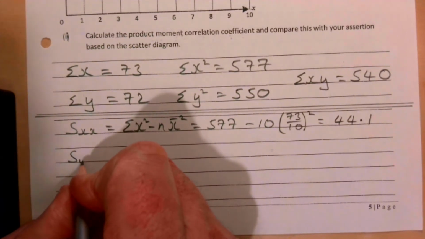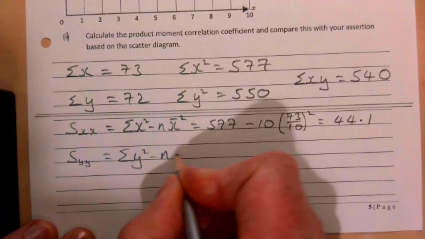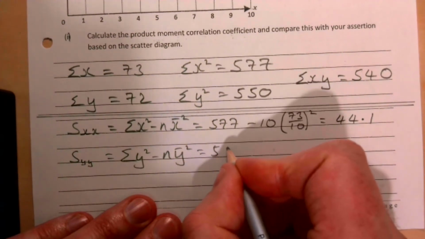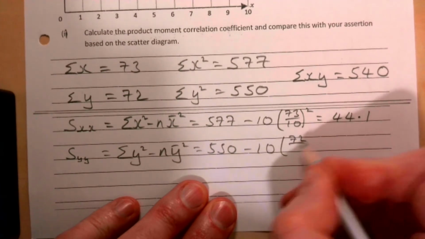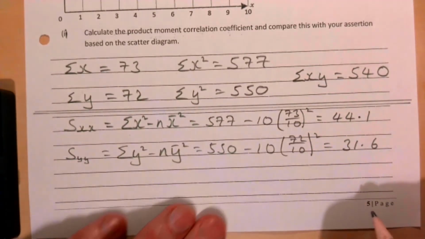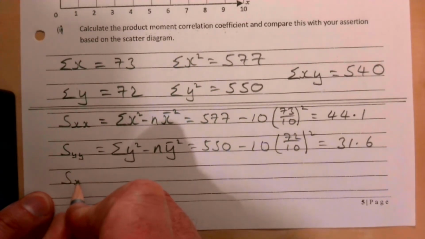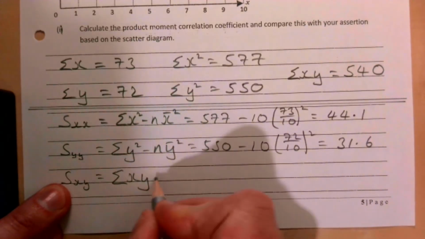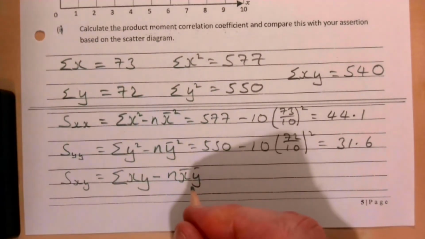S y y. So that's the sum of the y squareds minus n, the mean of y squared. So sum of the y squared is 550. Take away 10 times 72 over 10 all squared. Gives us 31.6. And then our S, X, Y is the sum of the xy's take away n, mean of x, mean of y.